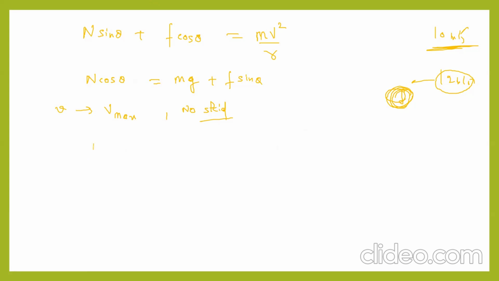Now please tell me, n sin theta is constant for maximum velocity. What can this F be? Its maximum value is the limiting friction, and that is mu s n. Clear? Yes, sir. Is equal to m, now this V becomes V max.